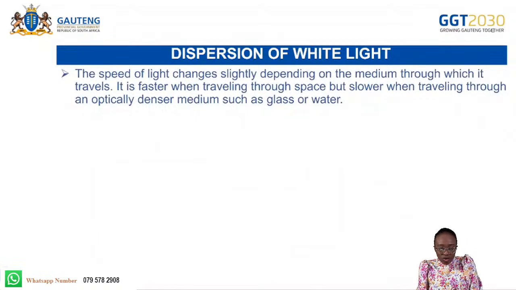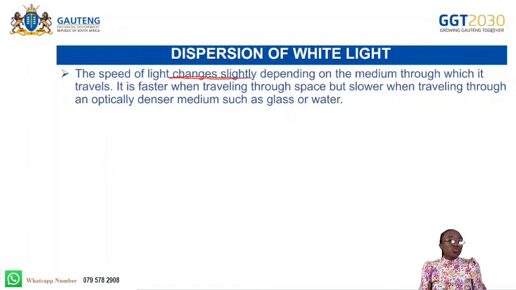Now, the speed of light, we spoke about when we were talking about the speed at which light travels in space, which is, do you remember, 300,000 kilometers per second. The speed of light changes, however, when light is moving through a different medium. We said in space, there's nothing, there's just a vacuum.